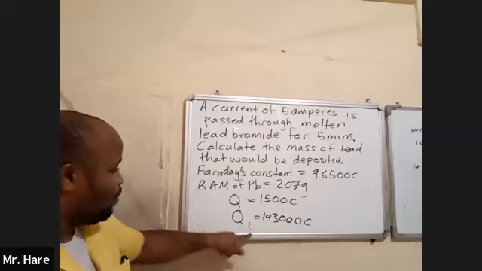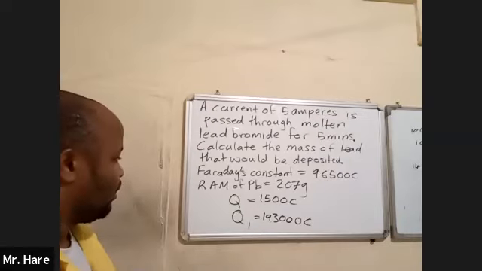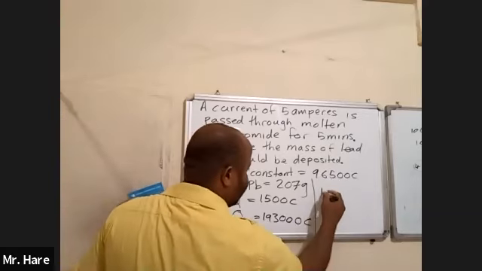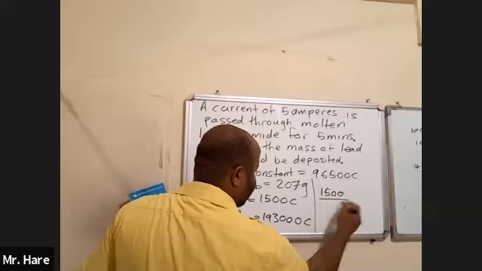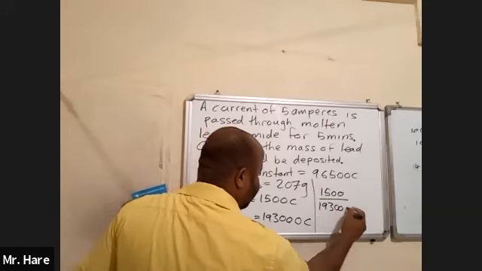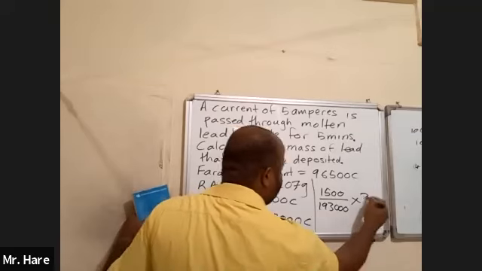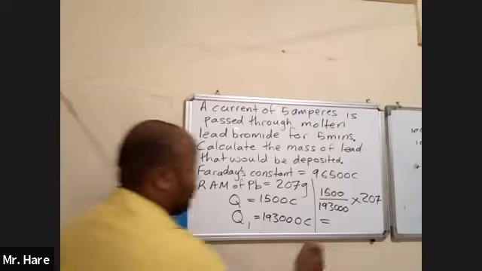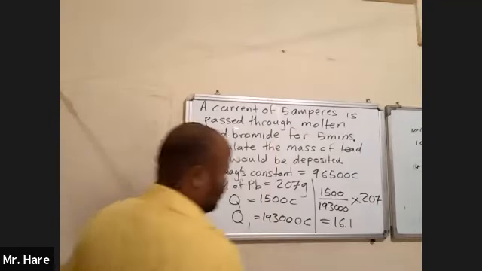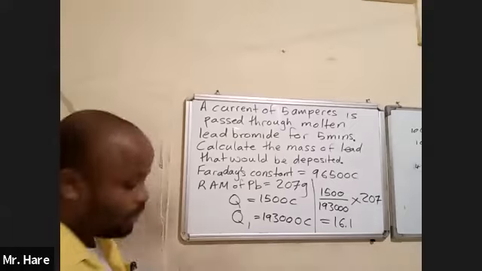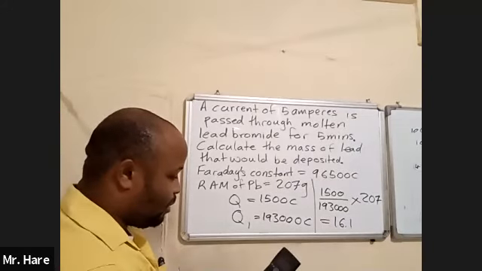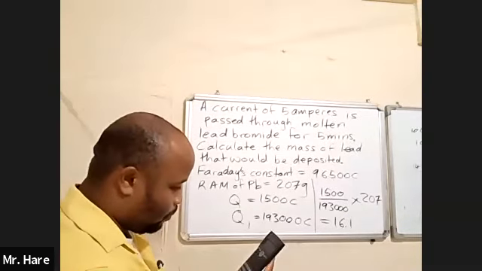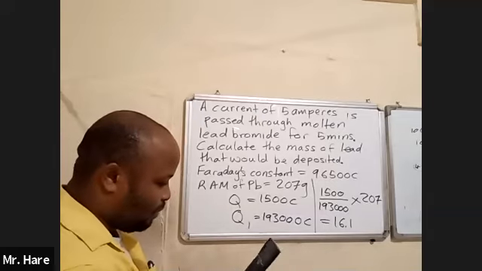So you have Q1, and you have the mass here. So you would do 1,500 divided by 193,000 times 207.